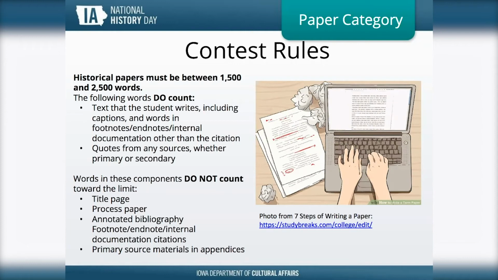Words that do not count in the paper would be the title page, process paper, annotated bibliography, citations, primary source materials, and dependencies.